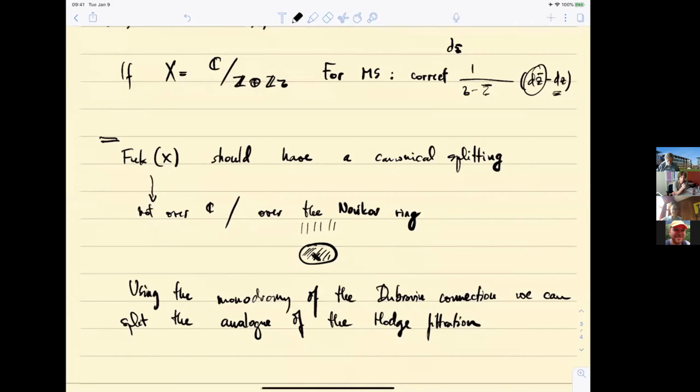There is some area of the moduli space. You need to choose where you are in the moduli space of complex structures. And the choice of where you are in the moduli space of complex structure, around which large complex structure limit point, that determines a particular splitting of the Hodge filtration.